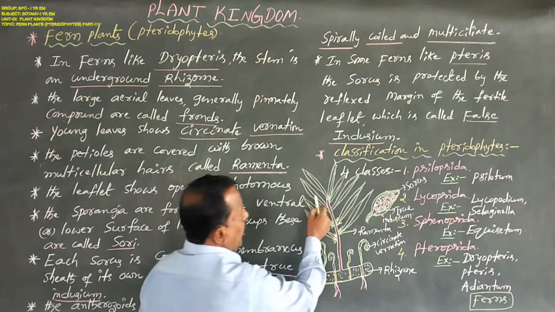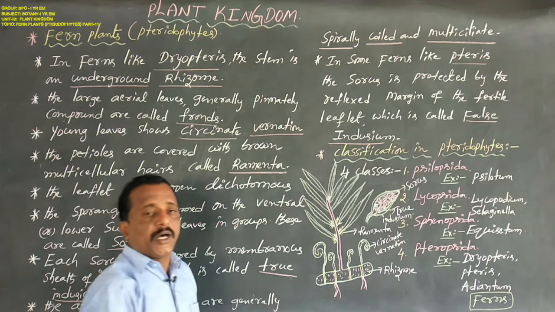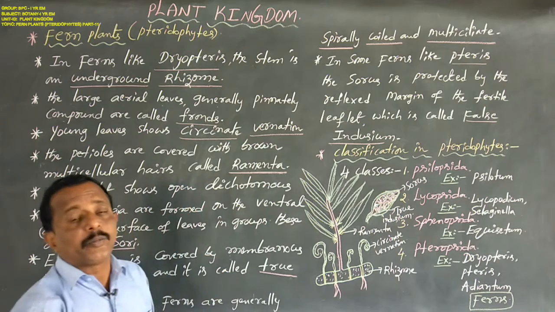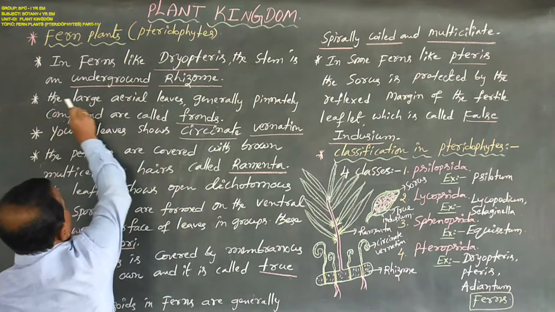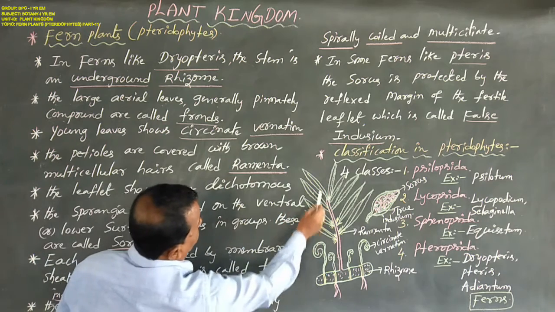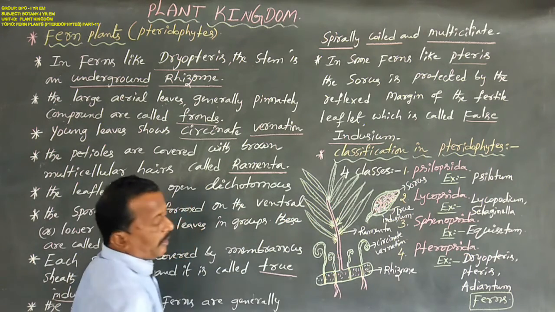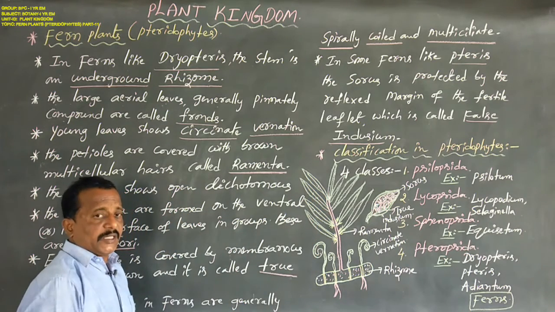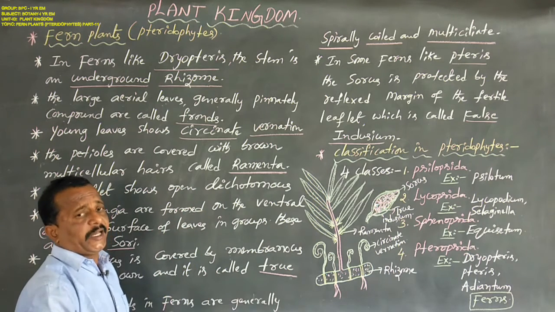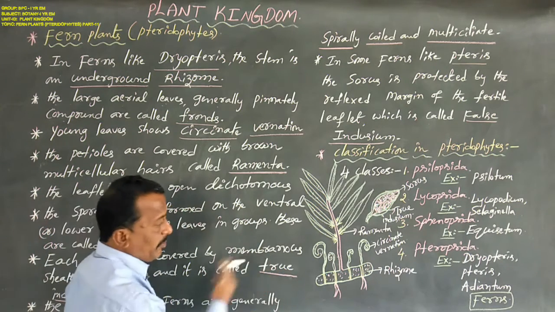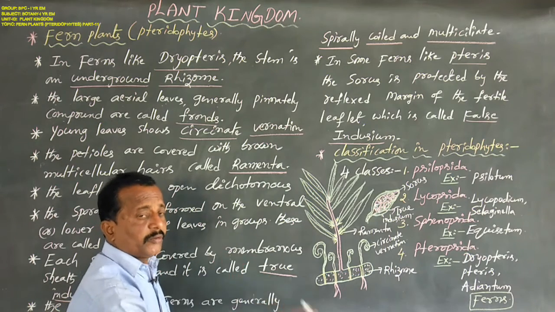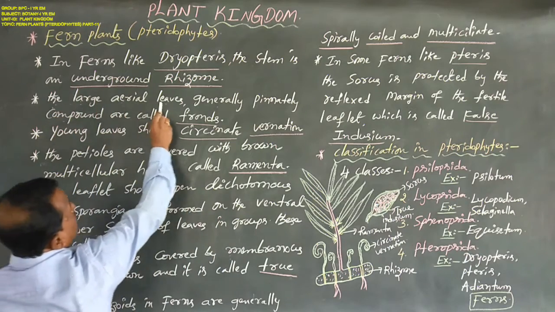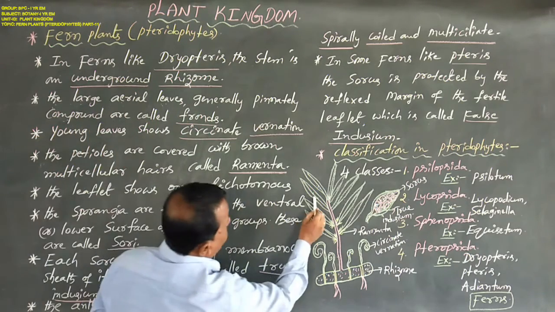The stem is underground, but the leaves are always exposed to air, that is aerial, whereas the stem is not exposed to air and always grows underground in the soil.